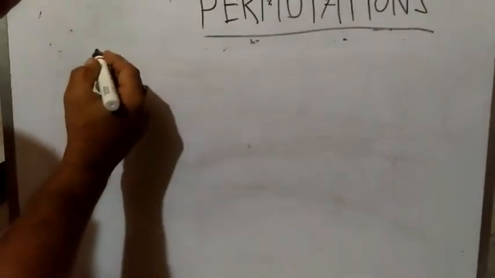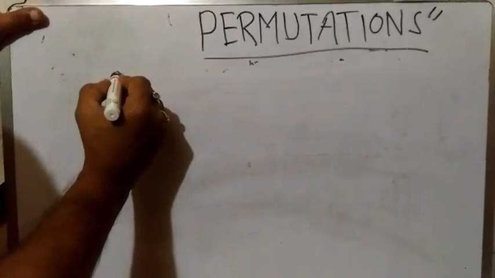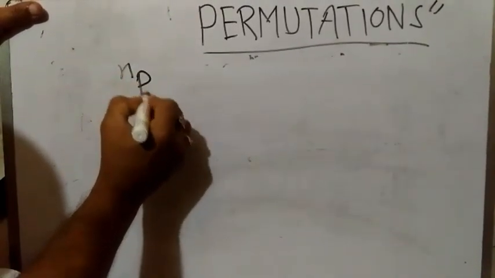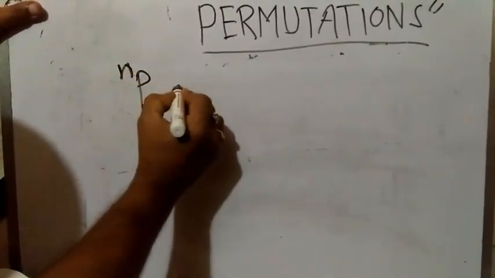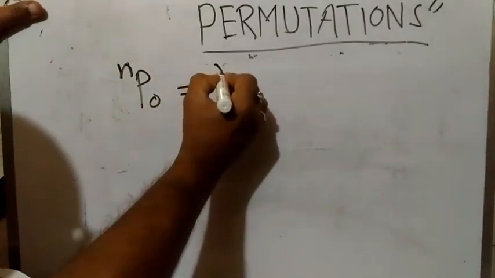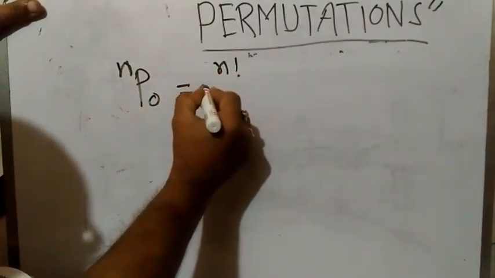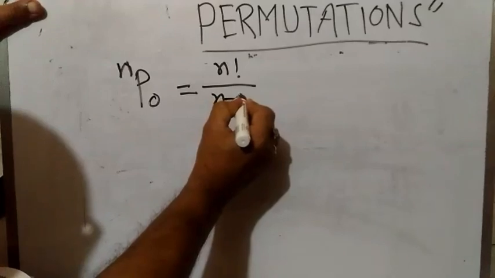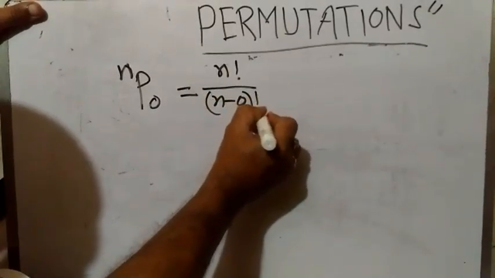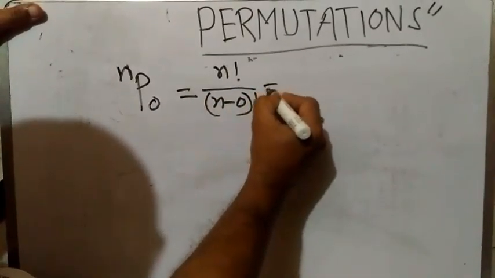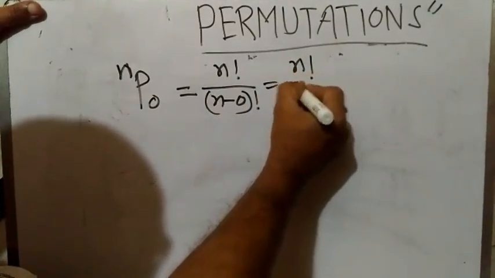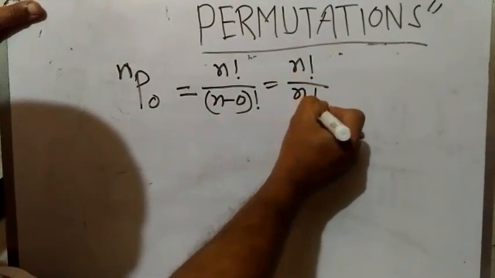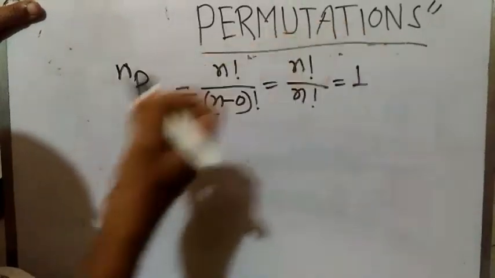Dear students, please follow. Write down nP0 equals n factorial by n minus 0 factorial, equals n factorial by n factorial, which gives us 1.